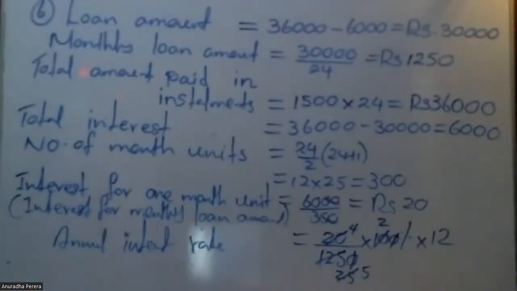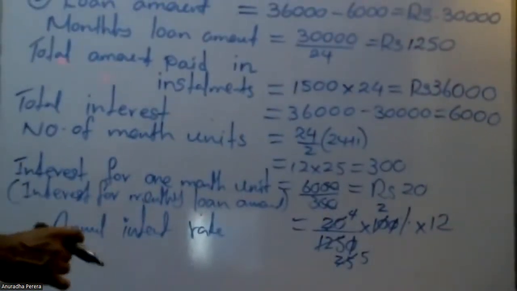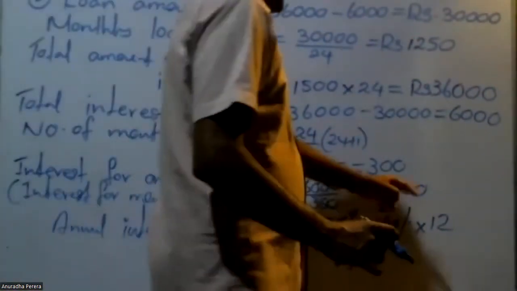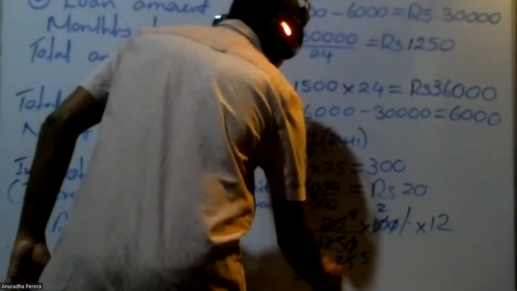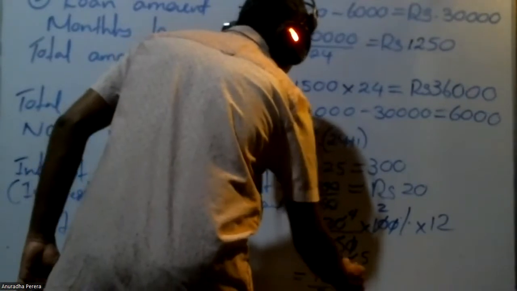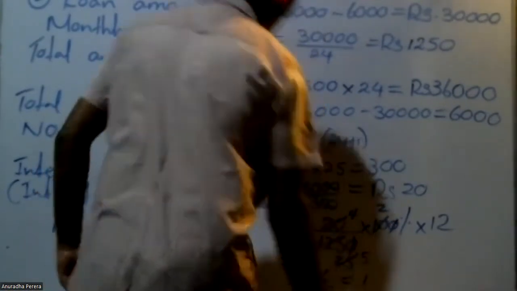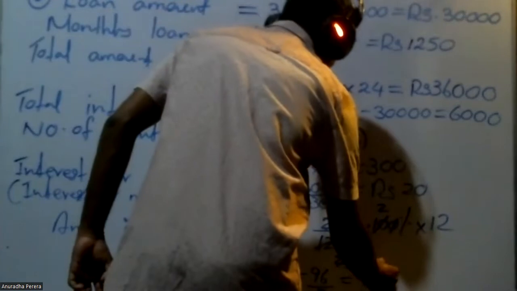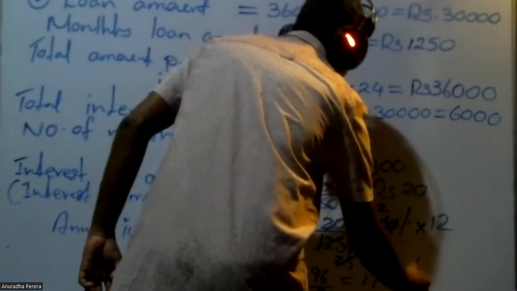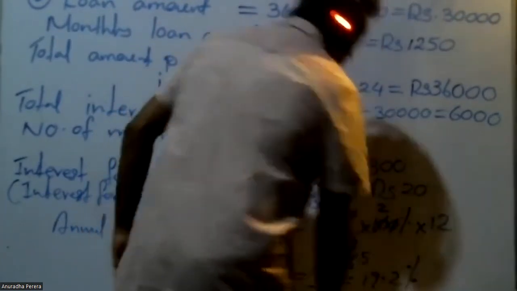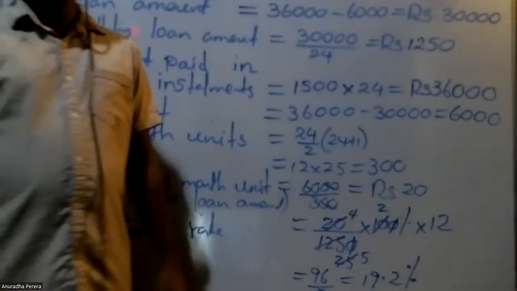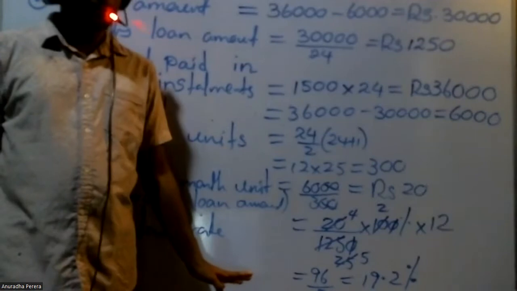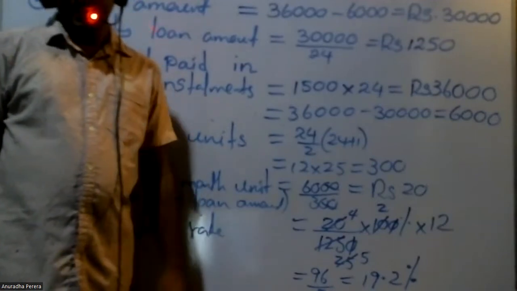The answer, 8 into 96 over 5. 19.2%. This is the annual interest rate. 19.2%. Have you got it? This is the answer. Yes, sir. Right. The answer is 19.2.